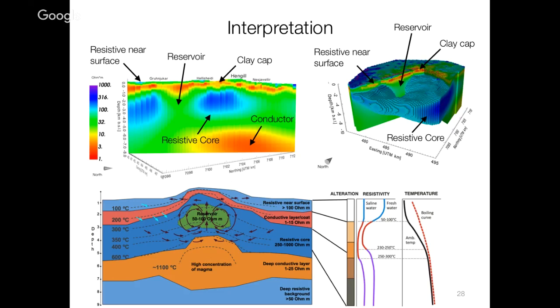There's this dark blue here, it's all part of that resistive core. So here's the clay, here's the core, here's the heat source. And then you've got these regions up here that have lower resistivity, and those are interpreted to be the reservoir.